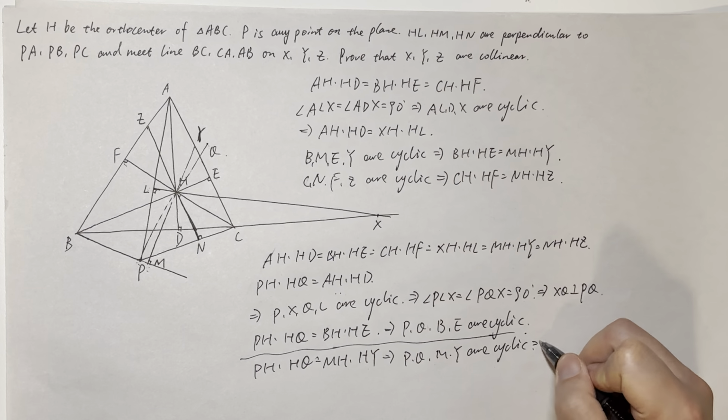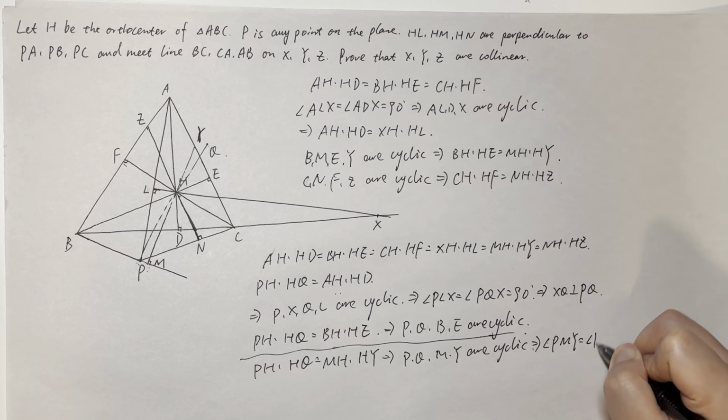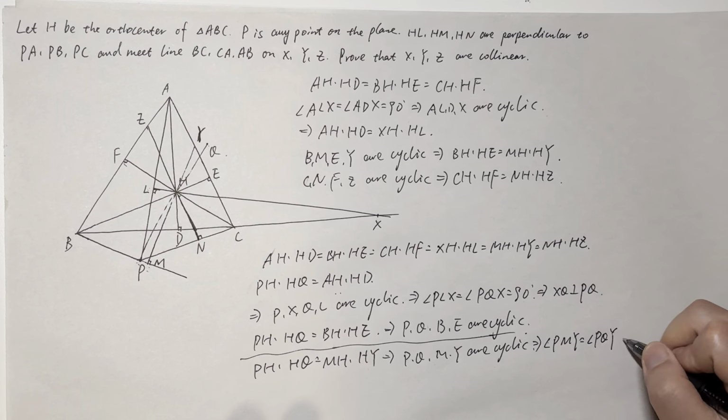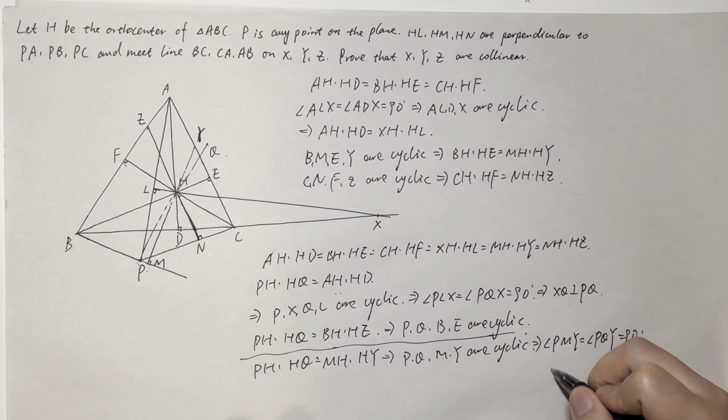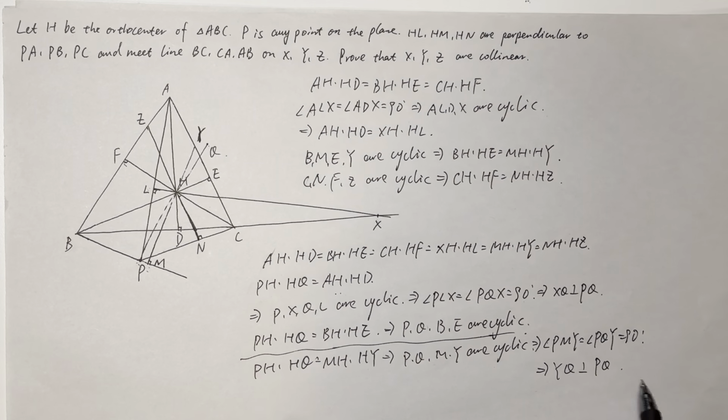So we know that angle PMY equals angle PQY equals 90 degrees, which means YQ is perpendicular to PQ.